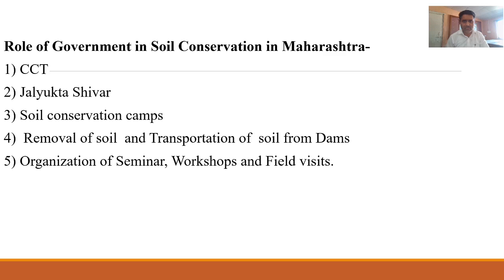There is an obstacle in the path of the water, and whatever soil is eroded by the water is stopped. This is a very simple technique so far as soil conservation is concerned.